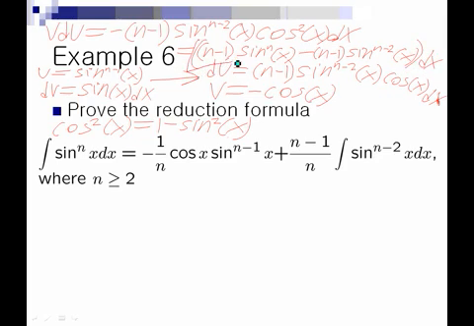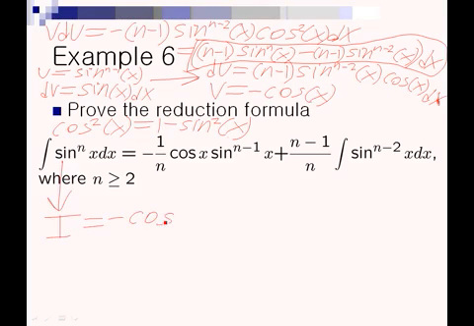Alright, so let me kind of bracket that in. Okay, this sine to the n actually corresponds to the original thing you're trying to find. So consequently, this is going to transform into the algebraic equation of I equals the negative cosine of x sine to the n minus 1 of x.